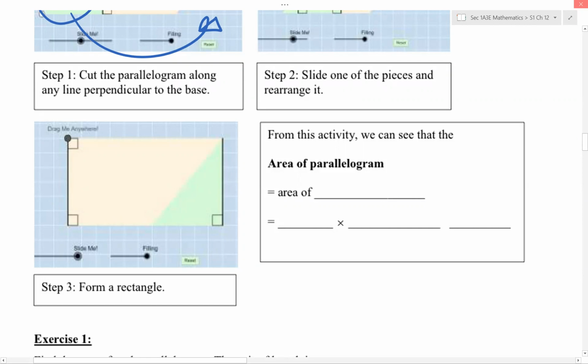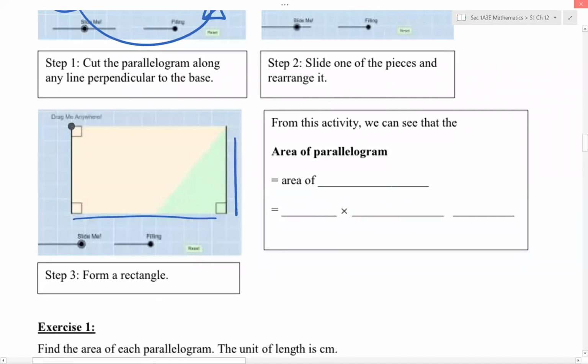As long as you can transform your parallelogram into a rectangle, you can find the area of the parallelogram, because all of us know how to find the area of a rectangle. Rectangle, length times breadth. Look at this, length and breadth. We can find the area of this rectangle.